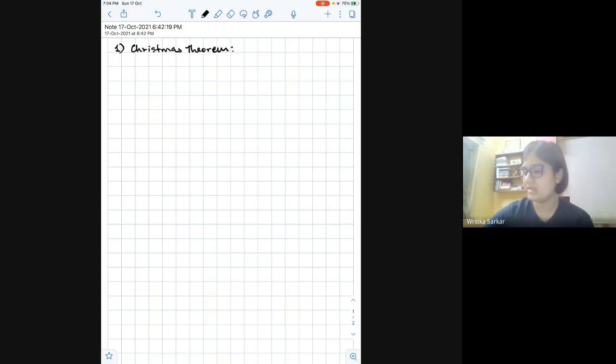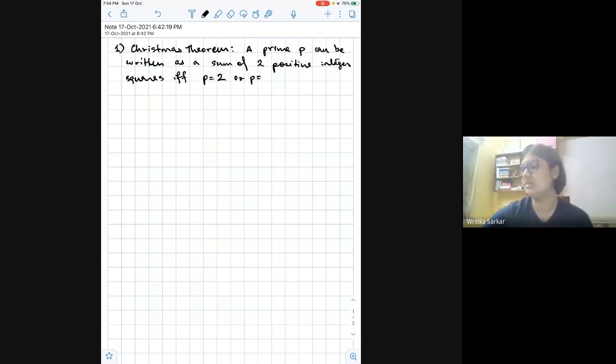It says that a prime p, and I'm assuming everybody knows what a prime is, can be written as a sum of two positive integer squares, I think I should mention positive because zero doesn't count, if and only if p is either equal to 2 or p is congruent to 1 modulo 4, right? We will discuss this.